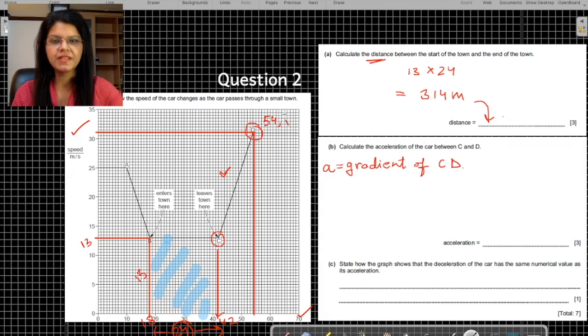So 31. Let's write the coordinates here. 54 and 31. What are the coordinates of point C? If you see, it is 42 and 30, right?